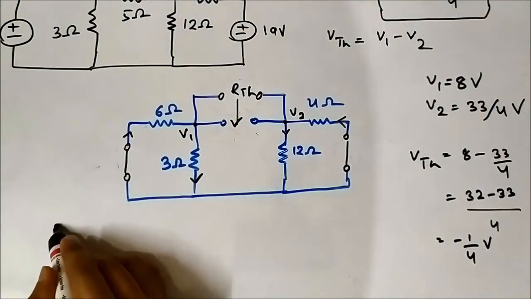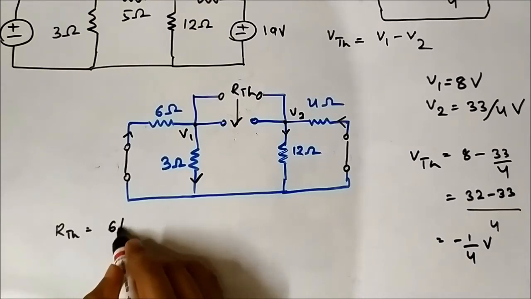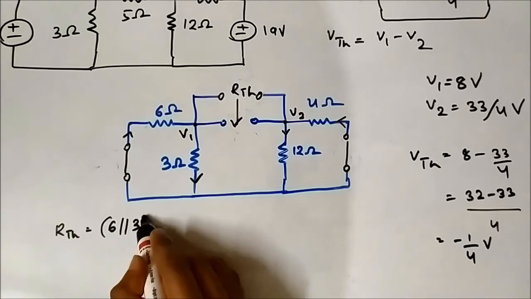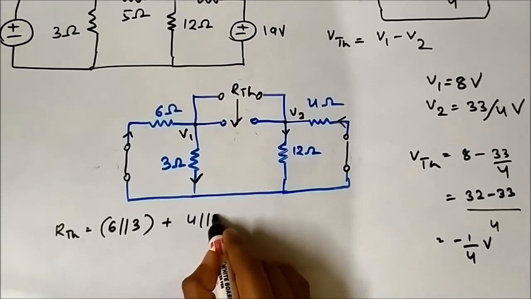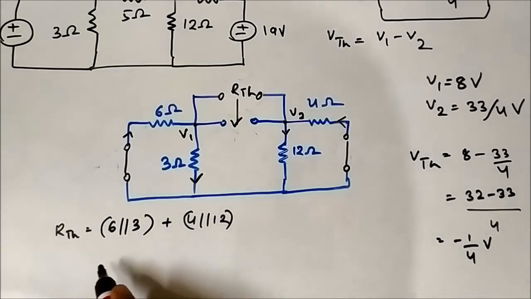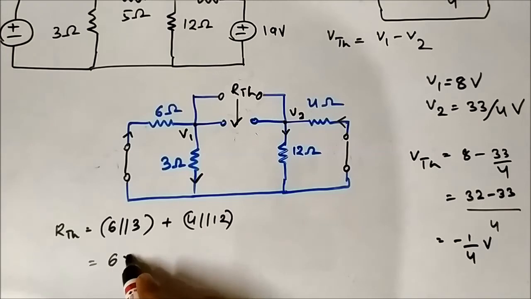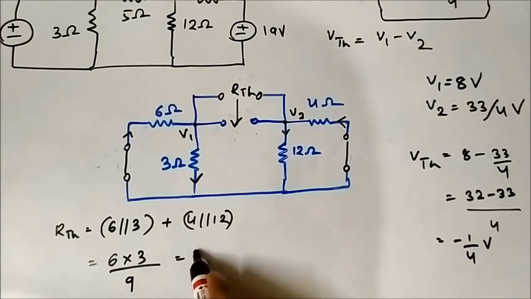So RTH here is 6 parallel 3 plus 4 parallel 12, which is 6 into 3 by 6 plus 3, which is 9, and here 4 into 12 by 4 plus 12, which is 16.